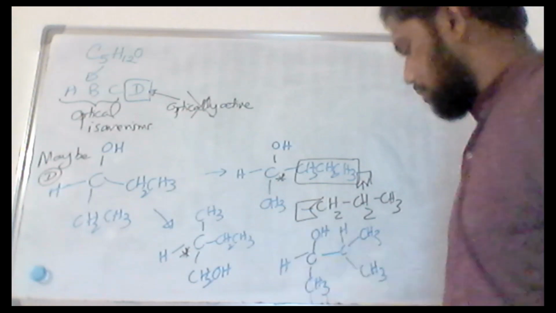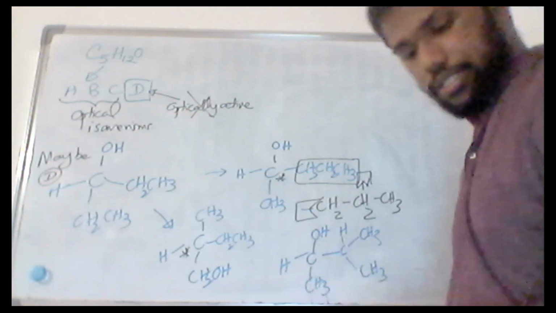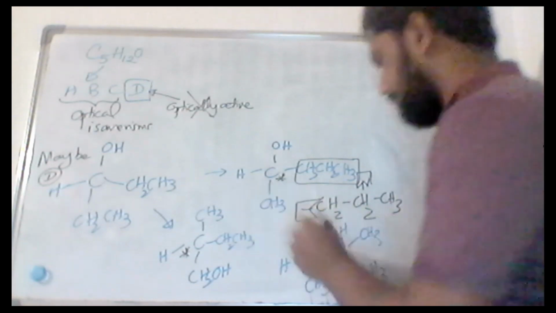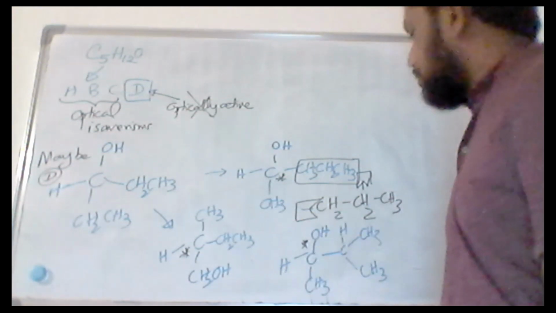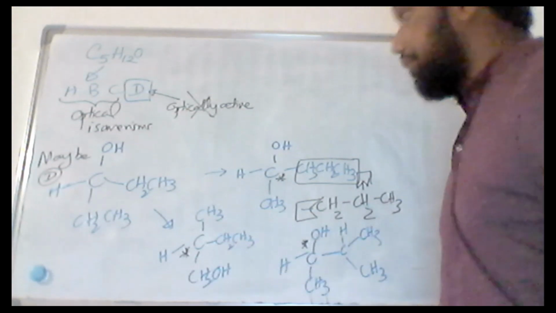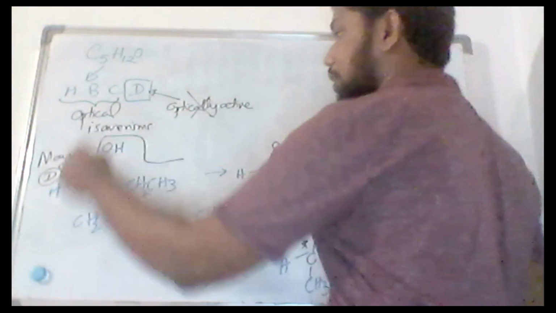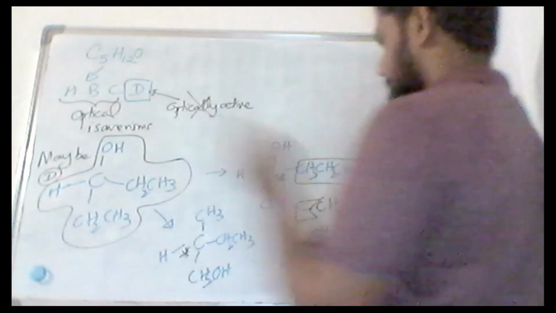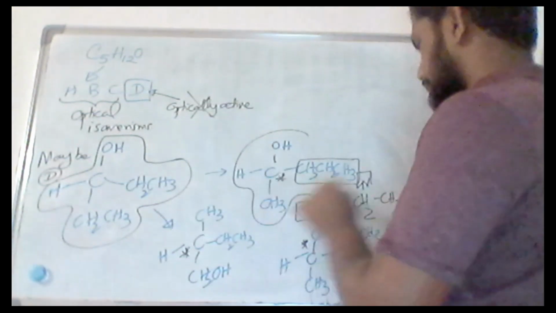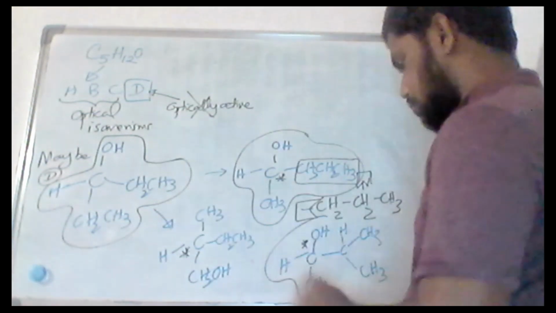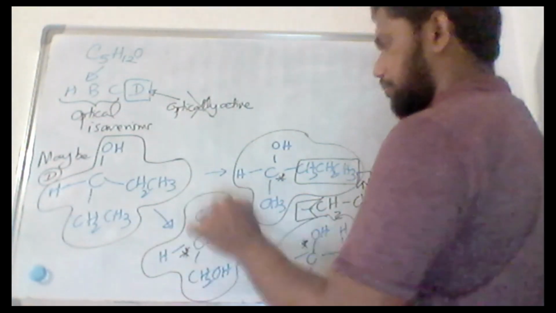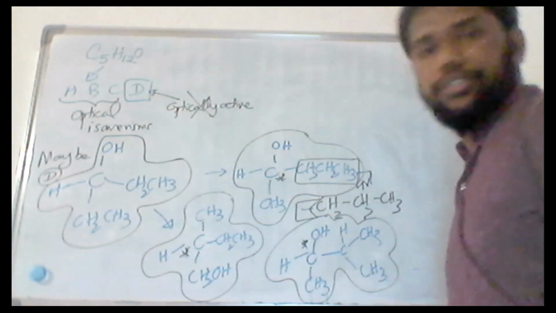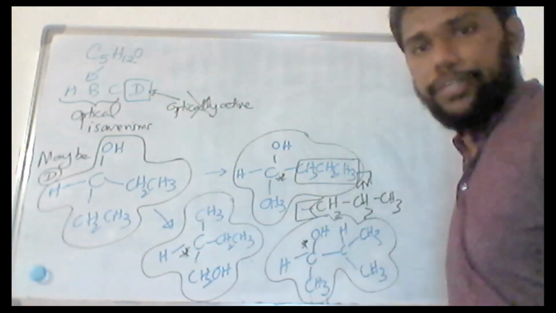So this is also an optically active compound. This is the chiral center. So all these structures are possible here: this one, this one, this one, and this one.